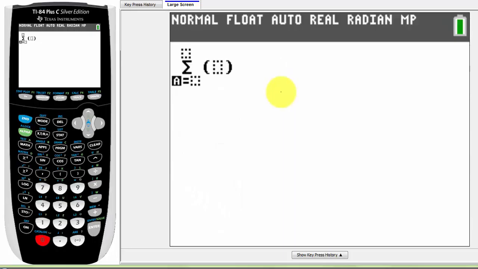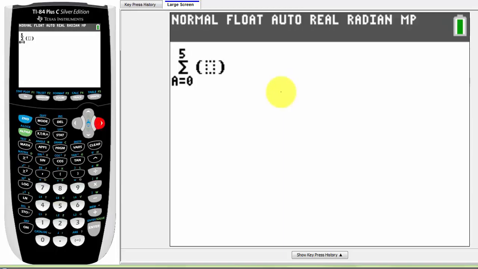So what index of summation will I choose? Personally, I will just take A, because it's the easiest to use. The lower limit was 0, and the upper limit, so I'm going with the arrow right here, is 5.